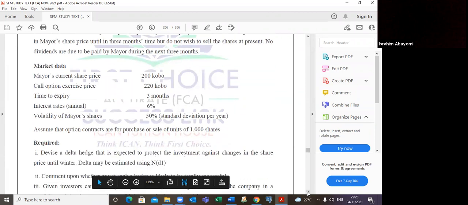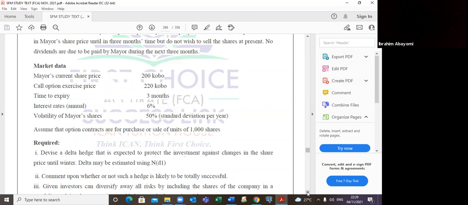Market data. Major's current share price, 200 kobo per share. Call option exercise price, 220 kobo. Time to expiry, 3 months. Interest rate, 6 months. Volatility of Major's share, 50% standard deviation per year.